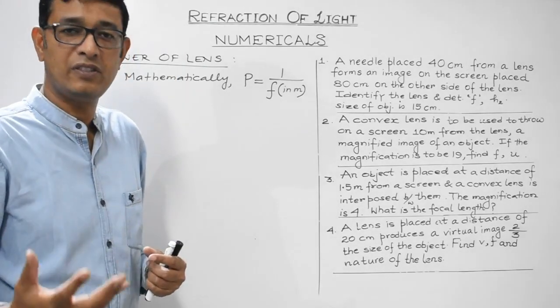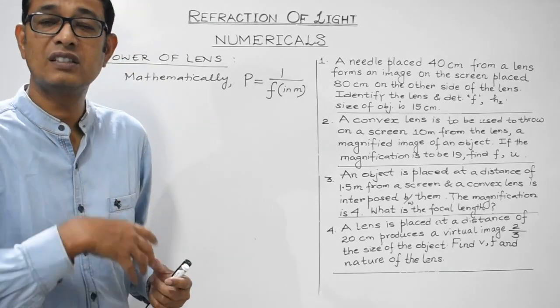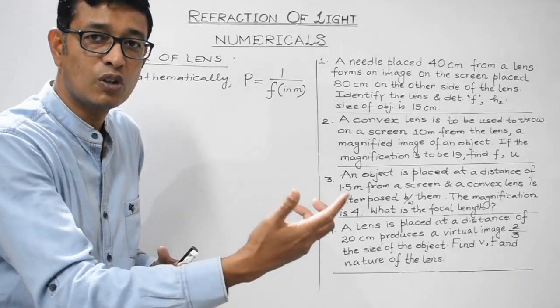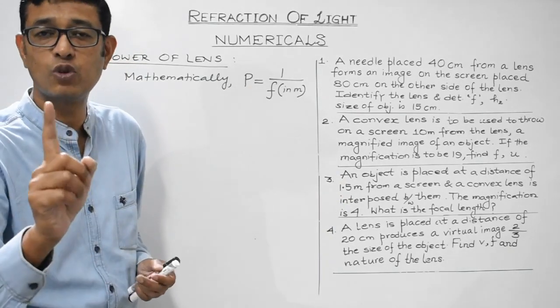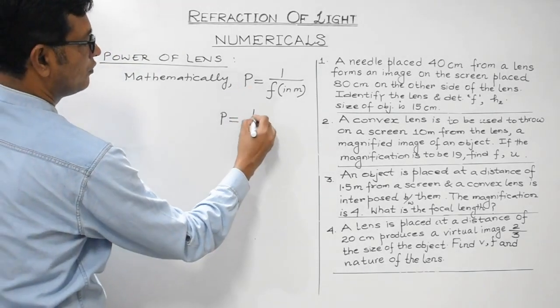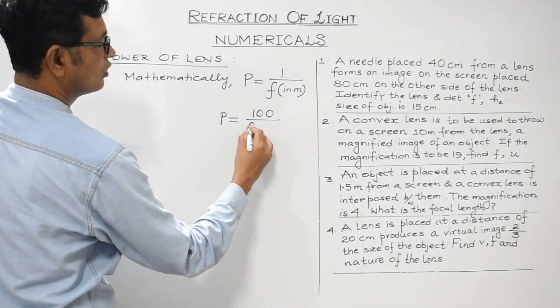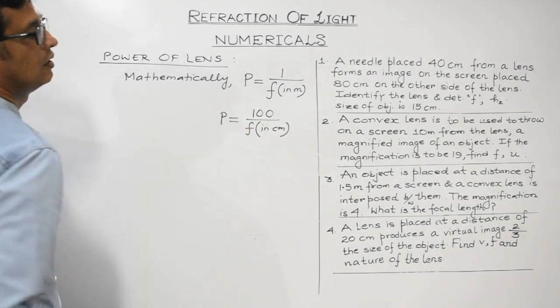Now quantitatively or mathematically, how to measure the power of a lens? It is given by the reciprocal of the focal length of the lens. And please do remember, focal length should be in meters. In case it is in centimeters, don't forget to convert it to meters, so it will be 100 by f in centimeters. Clear?